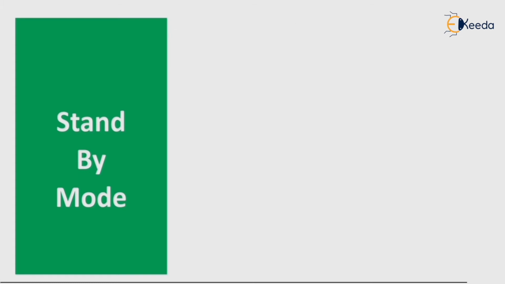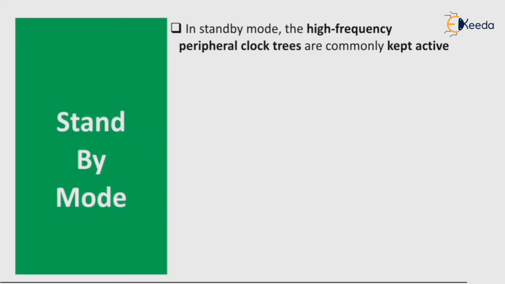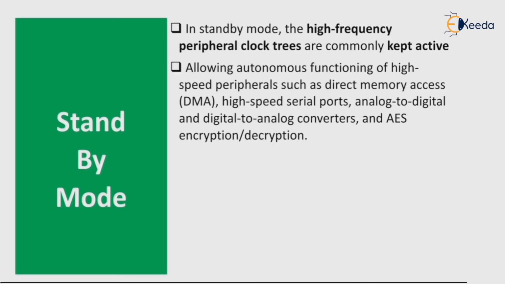What we learned previously is that in sleep mode the clock tree is disabled, but in standby mode the high frequency peripheral clock trees are kept active, allowing the autonomous functioning of high speed peripherals such as DMA, direct memory access, high speed serial ports, analog to digital and digital to analog converters, and AES encryption and decryption.